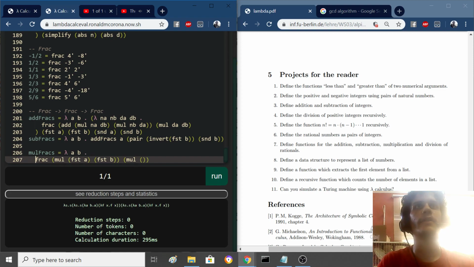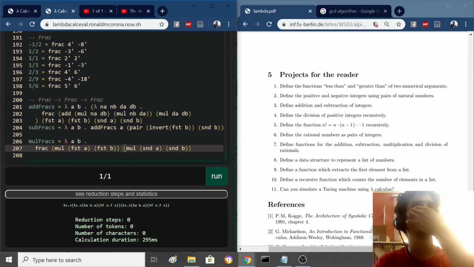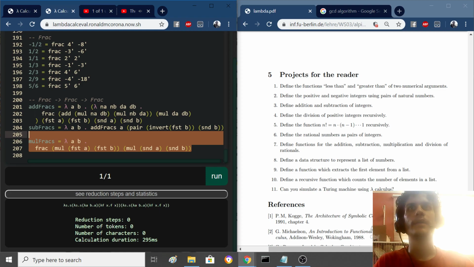Go ahead and put that on another line. First A, second, for the denominators. Weren't you so happy when you found out this was the way to do it?